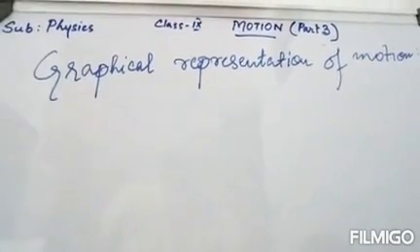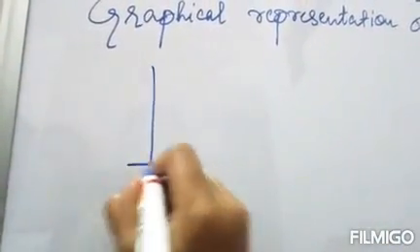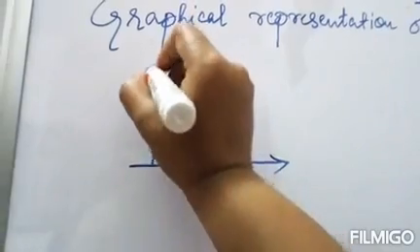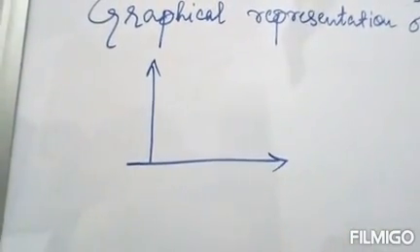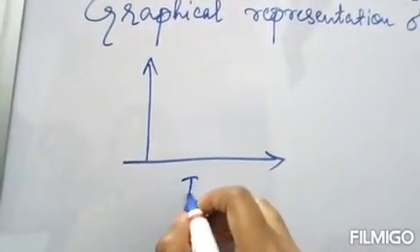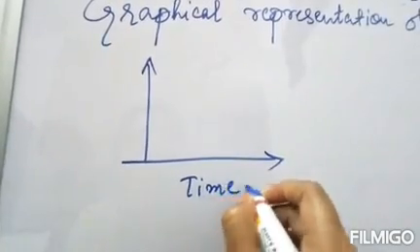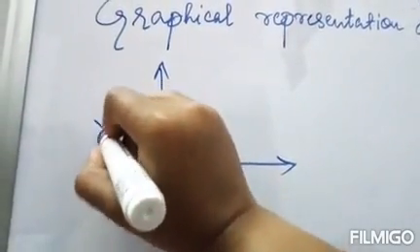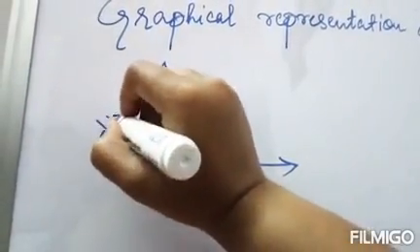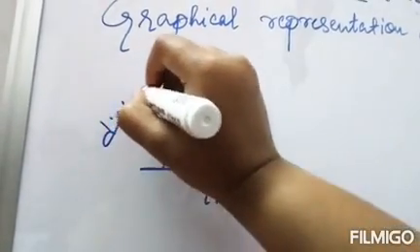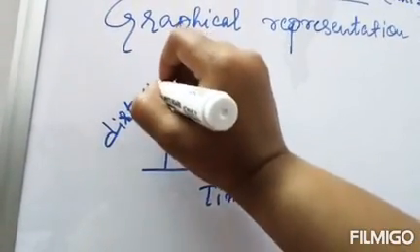Along the two axes, when we draw a graph, one will be time, and for a distance time graph, the y-axis will stand for the distance.